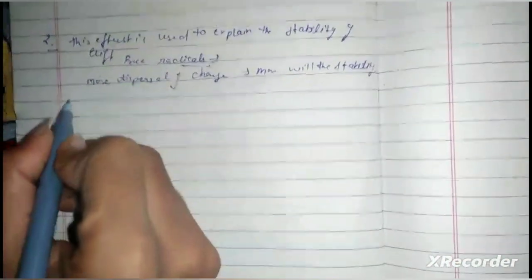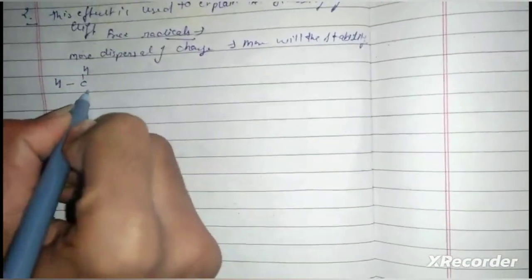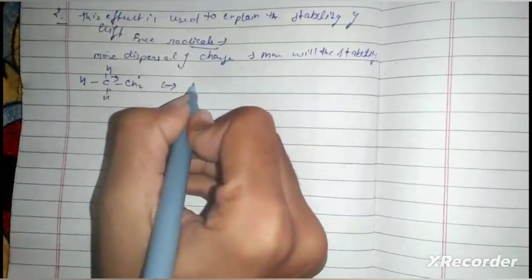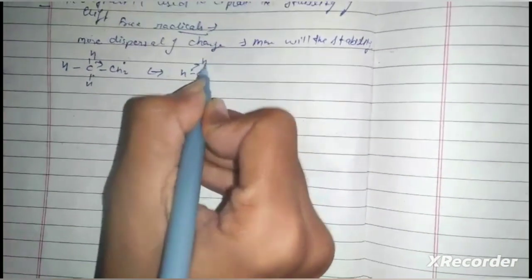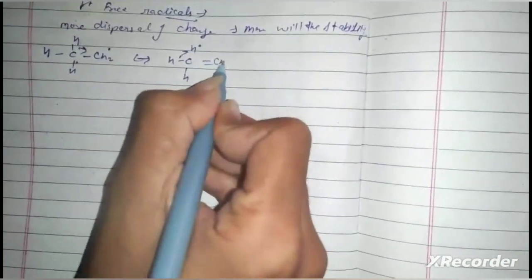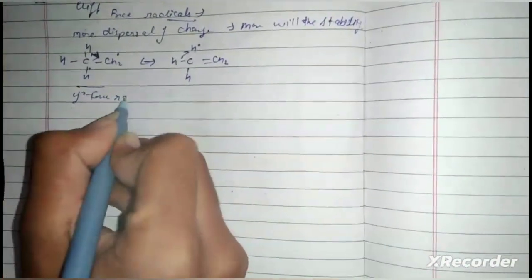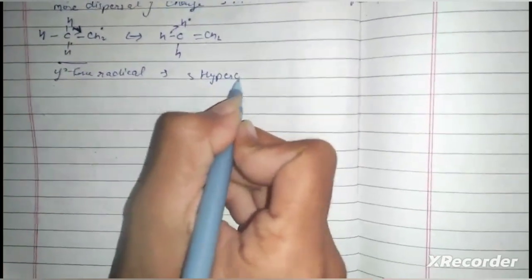The first example of a free radical is the primary free radical. The structure of the primary free radical is shown, and there is another hyperconjugated structure. In the primary free radical, 3 hyperconjugated structures are present.